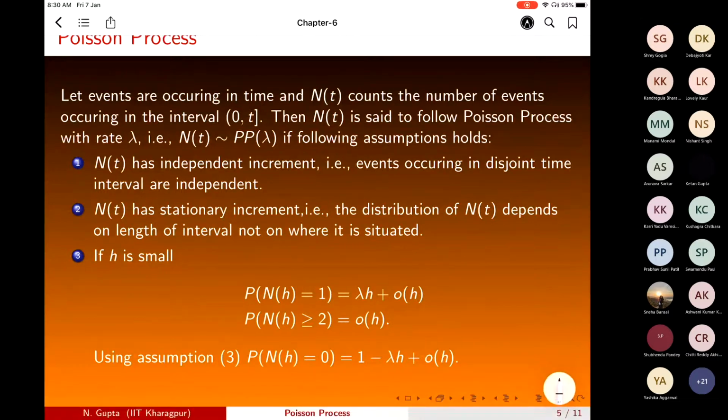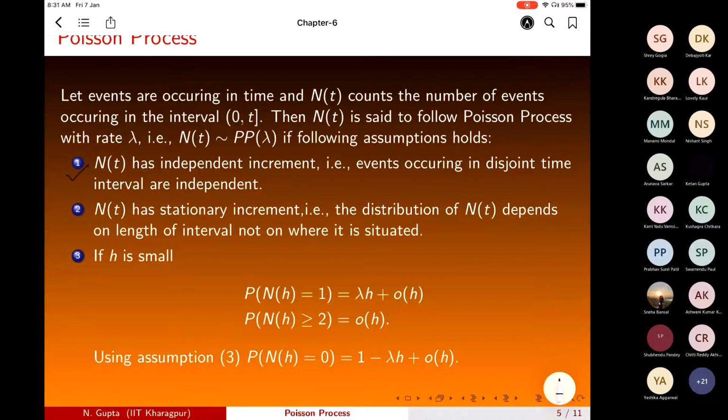Let us define the Poisson process. Let events be occurring in time. N(t) counts the number of events occurring in the interval 0 to t. N(t) is said to follow a Poisson process with rate lambda if the following assumptions hold. First, N(t) has independent increments.